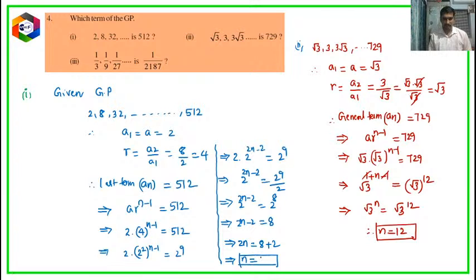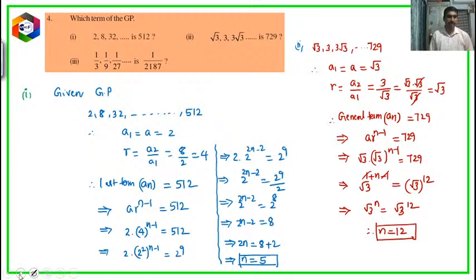Once again here, 2 power 2n minus 2. Now the small change: here 2n is equal to 10, not n equal to 5. That is okay, no problem Teja. Yes, n equals 12. Okay, very good Amma, very good observation.